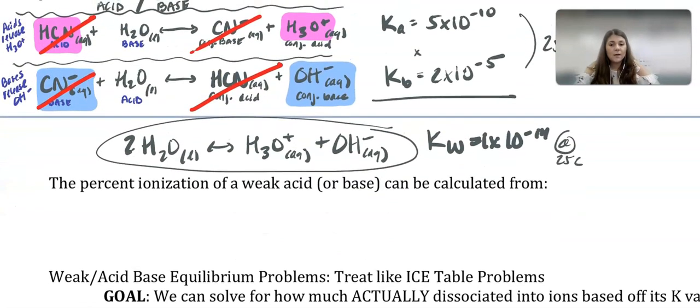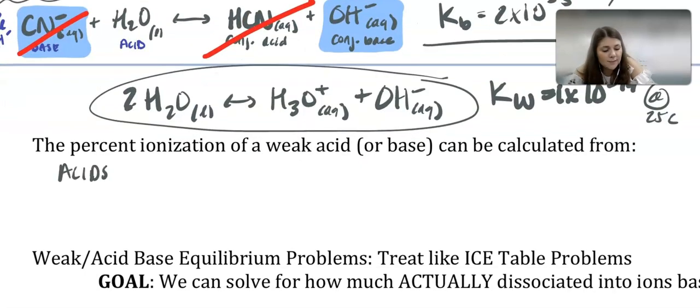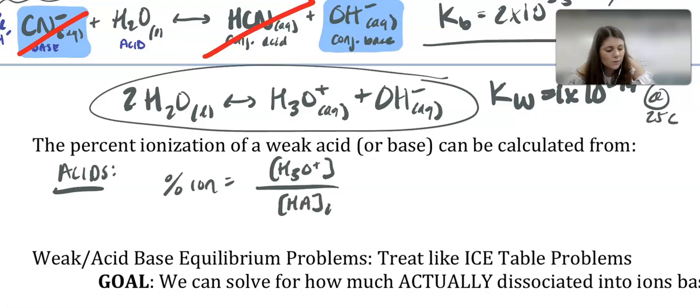All right. Moving on to more of the real focus of this unit, percent ionization of a weak acid or base can be calculated. So here, what that's trying to say is for strong acids and strong bases, we know the percent ionization is 100%. But if we're talking about a weak acid or weak base, you can actually calculate the percentage of how much actually ionized. So here, for our acids, percent ionization will be hydronium over the original acid concentration times 100.